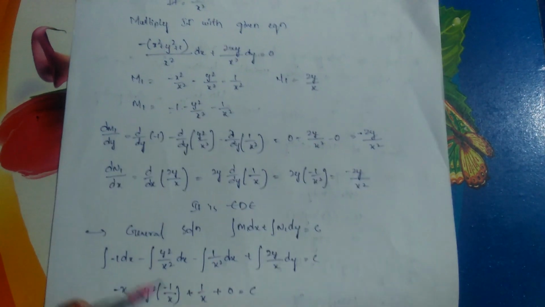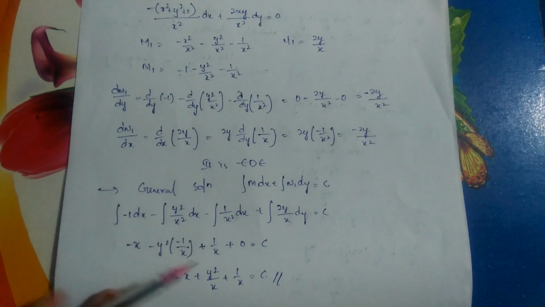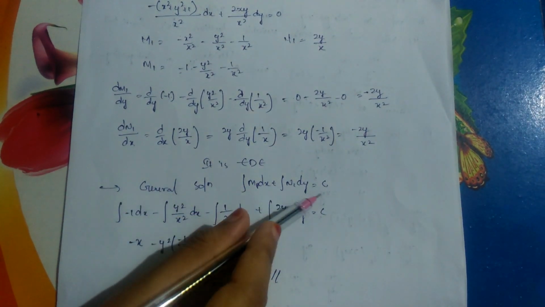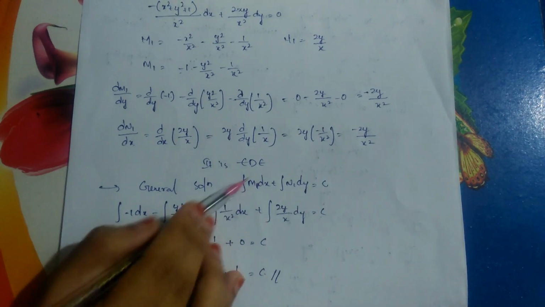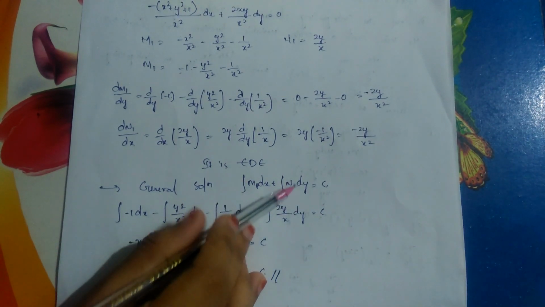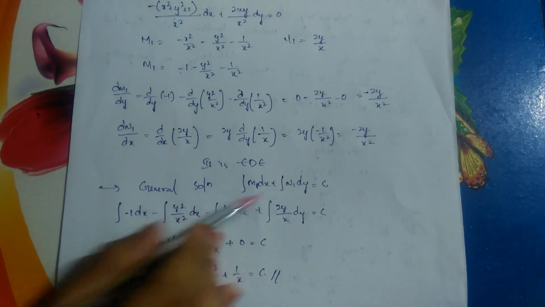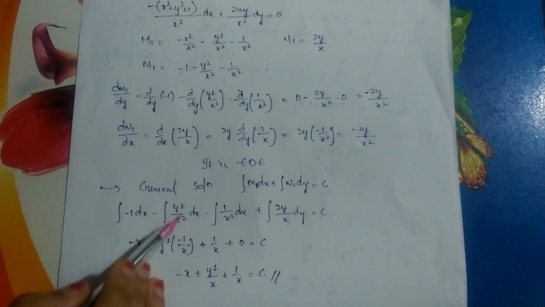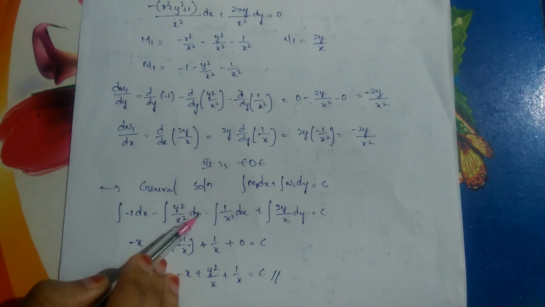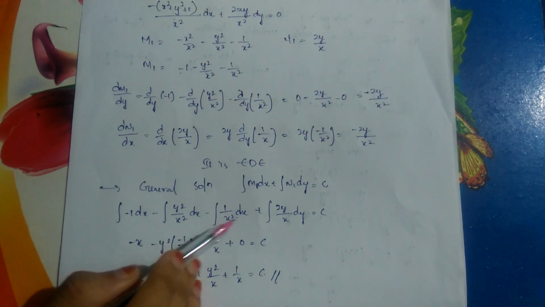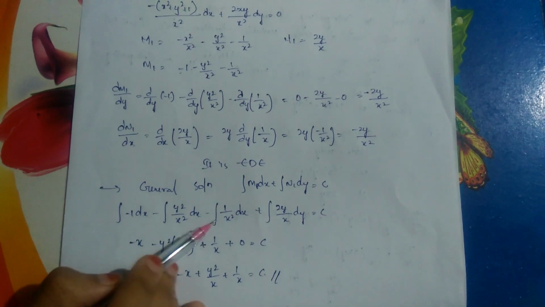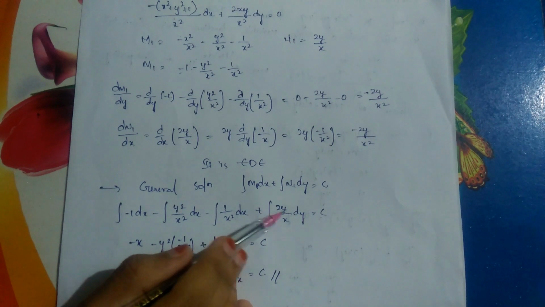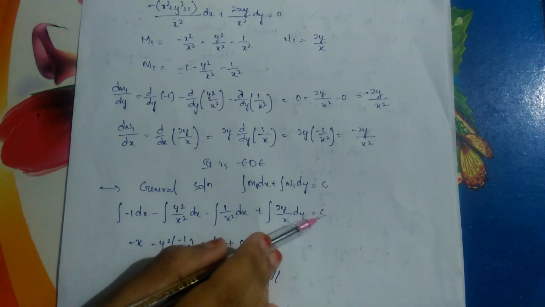So now we find the general solution, that is integration of m1 dx plus integration of n1 dy is equal to c. In m1, y is constant, and in n1 the x term should not be present. So integration of minus 1 dx, minus integration of y square by x square dx, minus integration of 1 by x square dx. This is the integration of m1, plus integration of n1, that is integration of 2y by x into dy, equal to c.